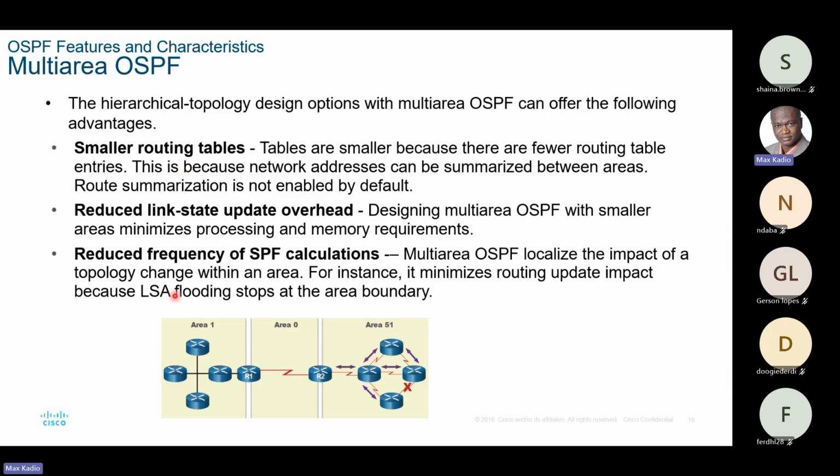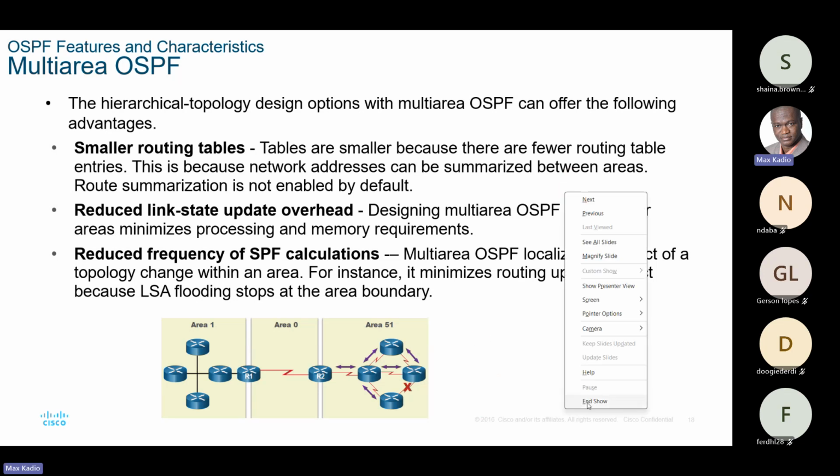So for us at CCNA, we focus on the main area, everything in area 0. At the CCNP level, you'll check what's happening in each area and how they can interact with the main one so everyone works together. Okay, thank you. A very good question. Thank you so much. Any other questions?